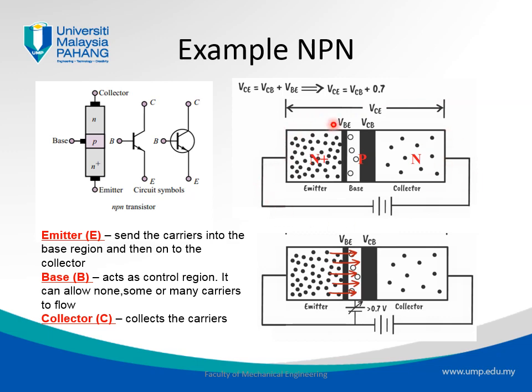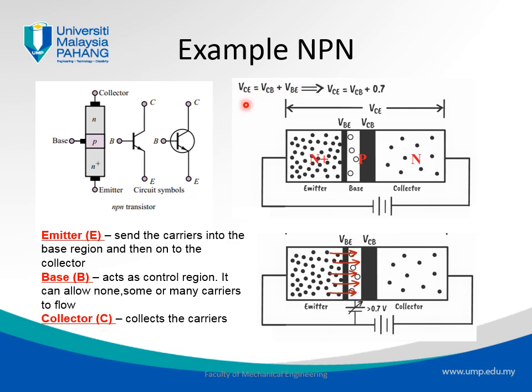Then VBE is the voltage across the depletion region between B and E, and VCB is the voltage across the depletion region between the base and collector. If we write a Kirchhoff voltage law (KVL) using these three voltages, we will remark that VCE equals VCB plus VBE.